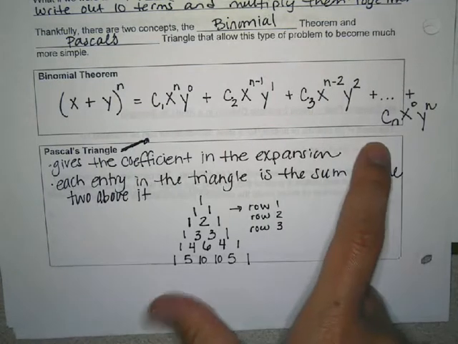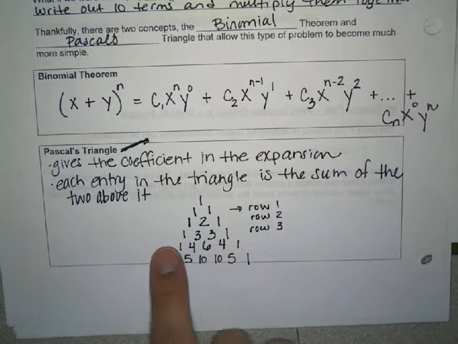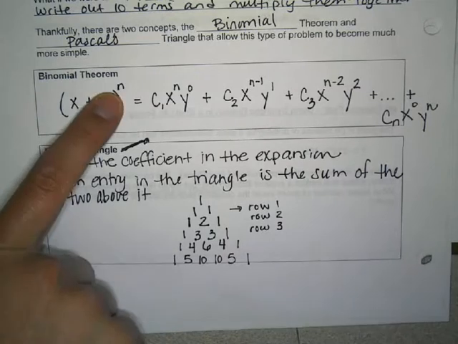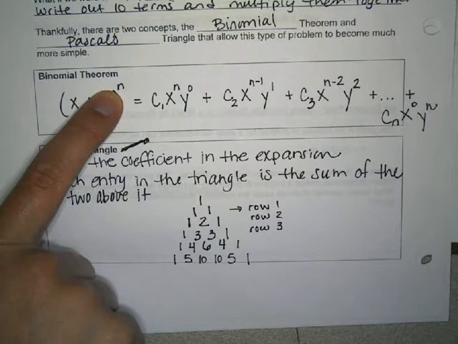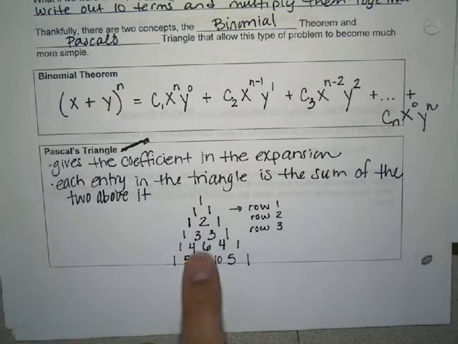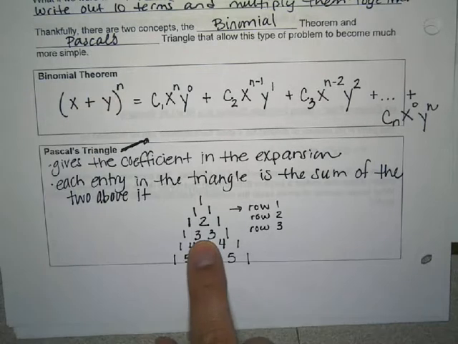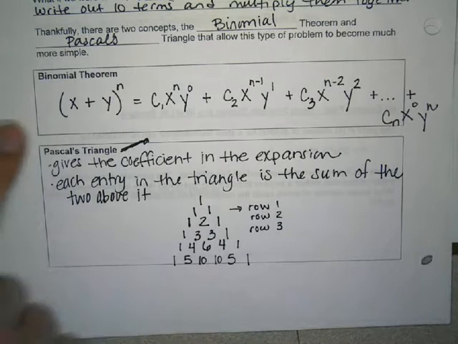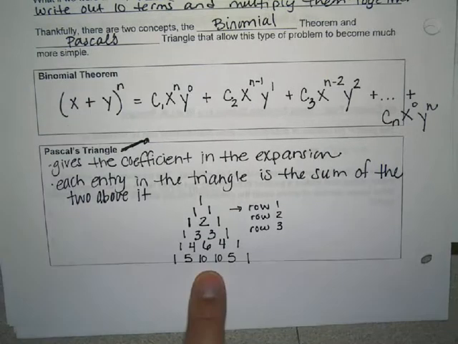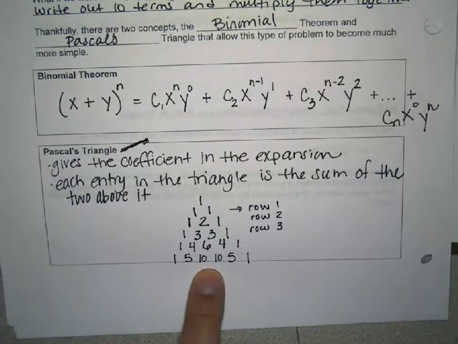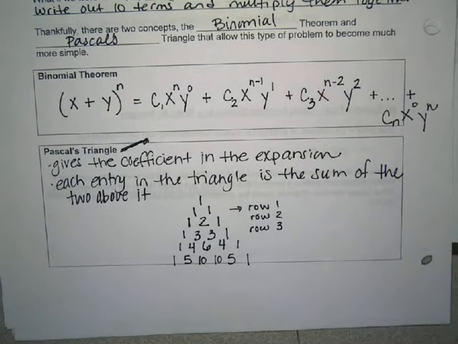I pick the row that I want to use based on the power. So if the power of my parenthesis was a 3, I would want to use row 3. If the power was a 5, I'd want to use row 5 for my coefficient. So the n value tells you what row to use for your coefficient.